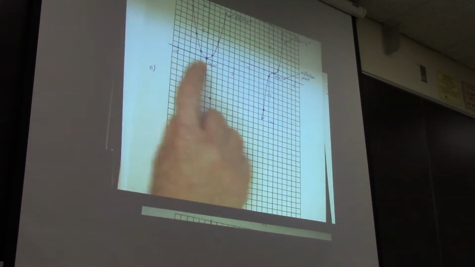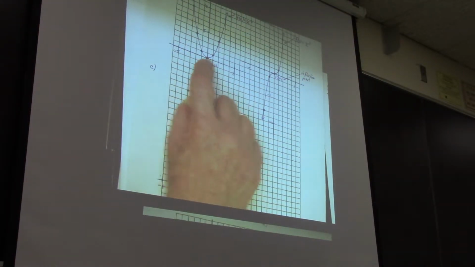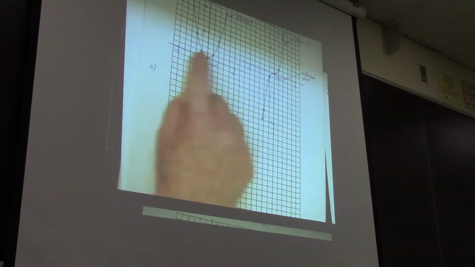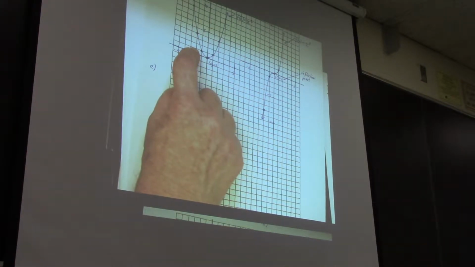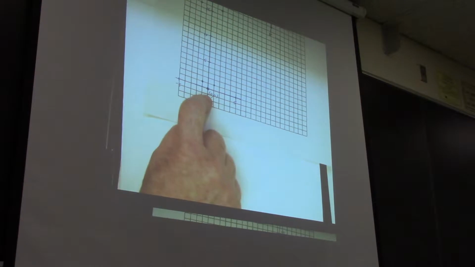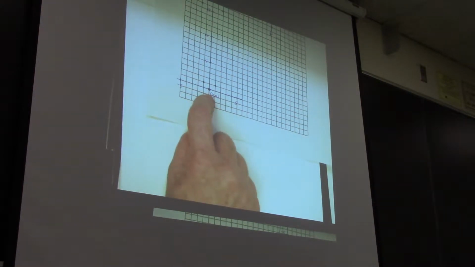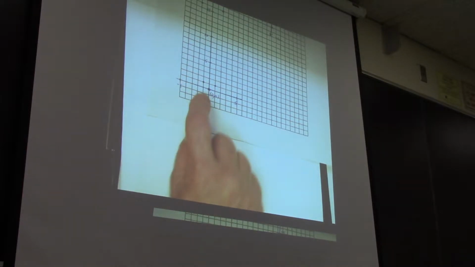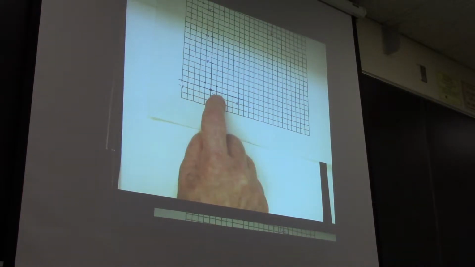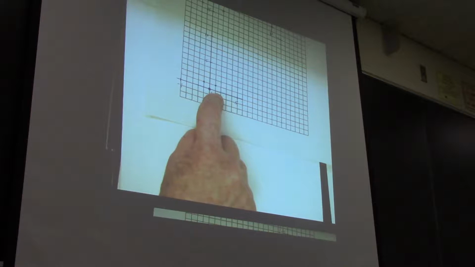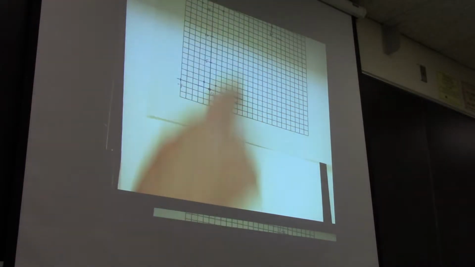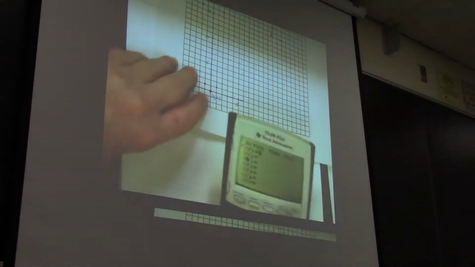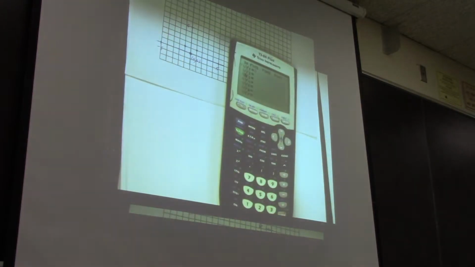Notice that y equals x squared goes through 0, 0, goes through 1, 1, and goes through negative 1, 1. So does y equals x to the fourth. It goes through 0, 0, 1, 1, and negative 1, 1. But what's going on between negative 1 and positive 1 is quite different between these two graphs, and that's what I want to illustrate on the calculator.